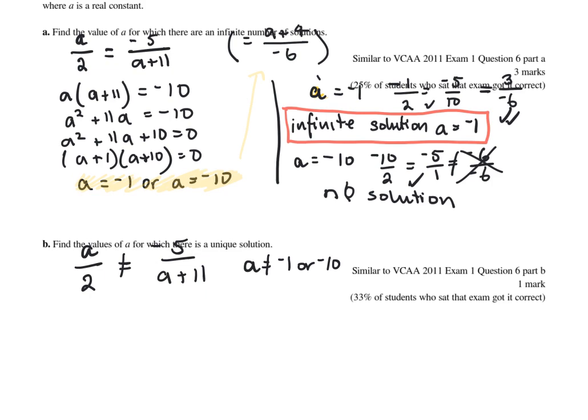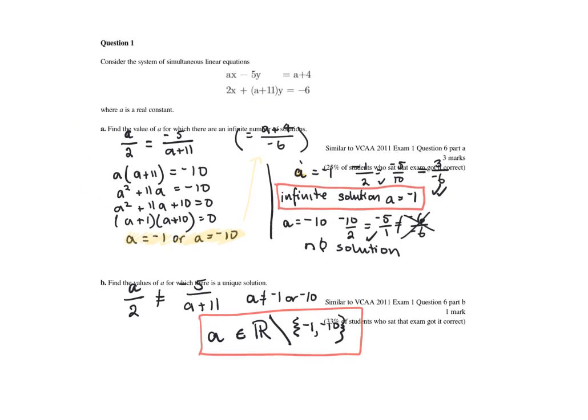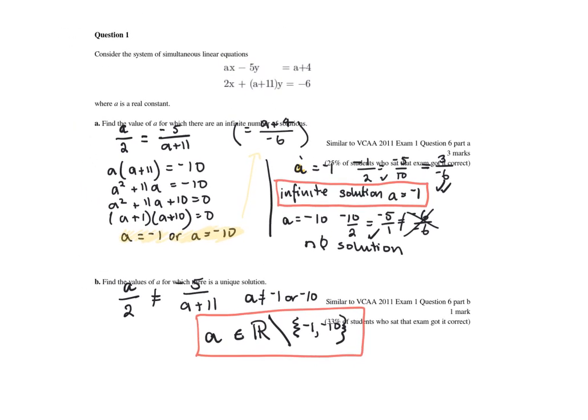We'd say a is an element of any number of the reals except -1 or -10. I'm just going to put a box around that so that you can see it.